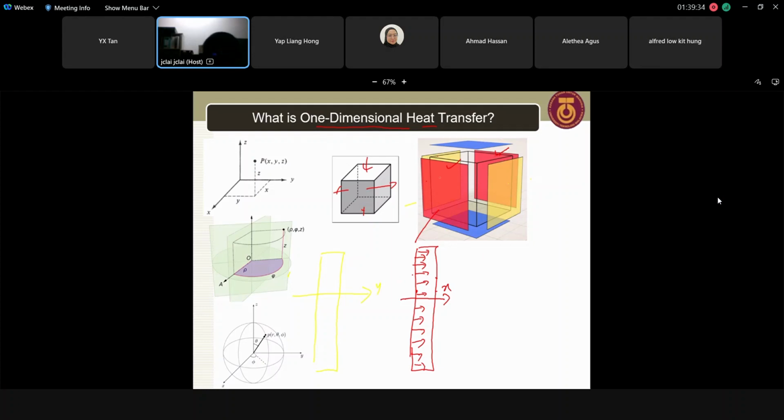The same goes for the top and bottom. When we say heat is transferred through one direction, it means it's only through the z direction. This is the meaning of heat transferred in one direction.